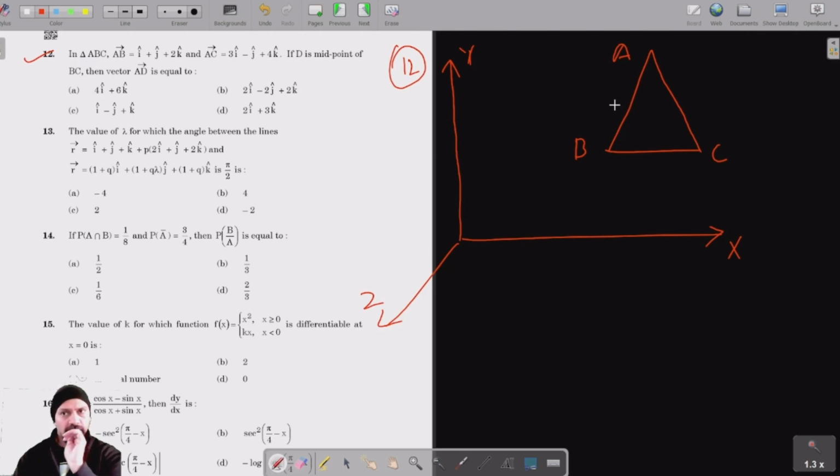Now the position vector of side AB is i cap plus j cap plus 2k cap. And now the side AC, whose position vector from O is given by 3i cap minus j cap plus 4k cap.